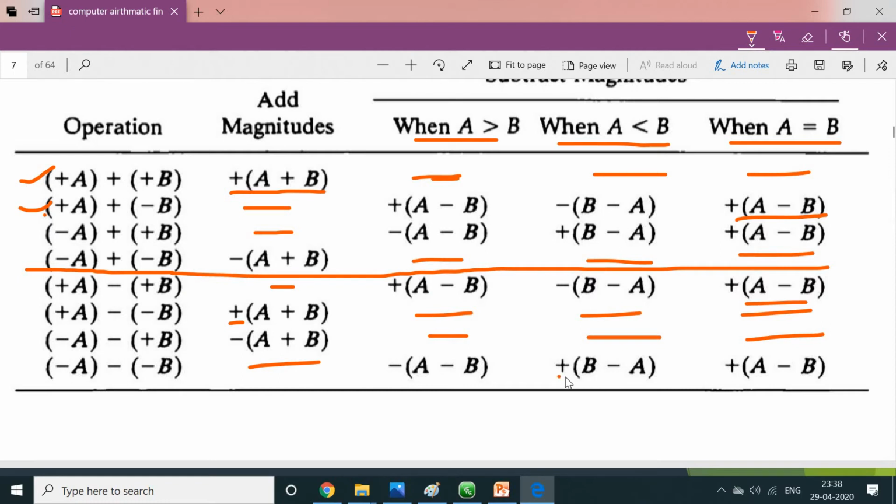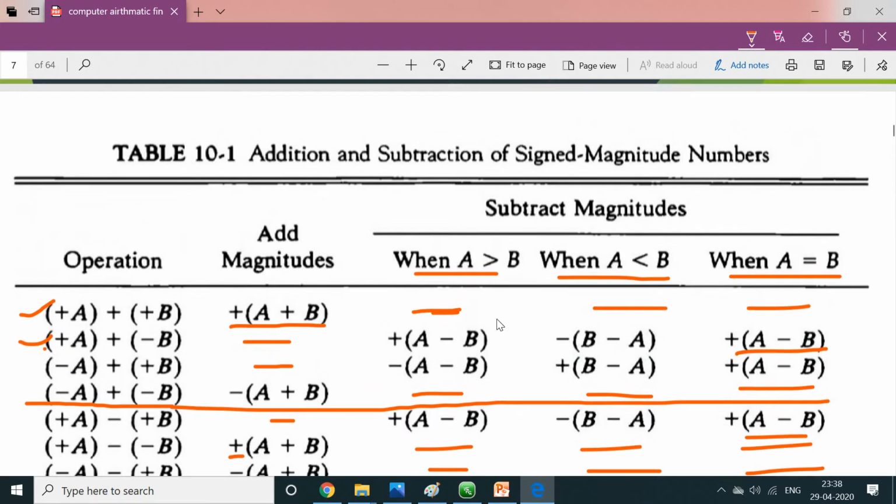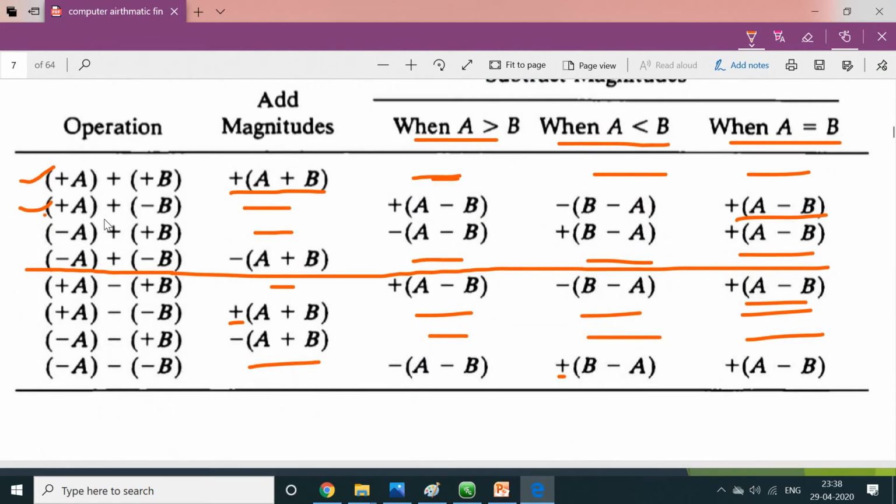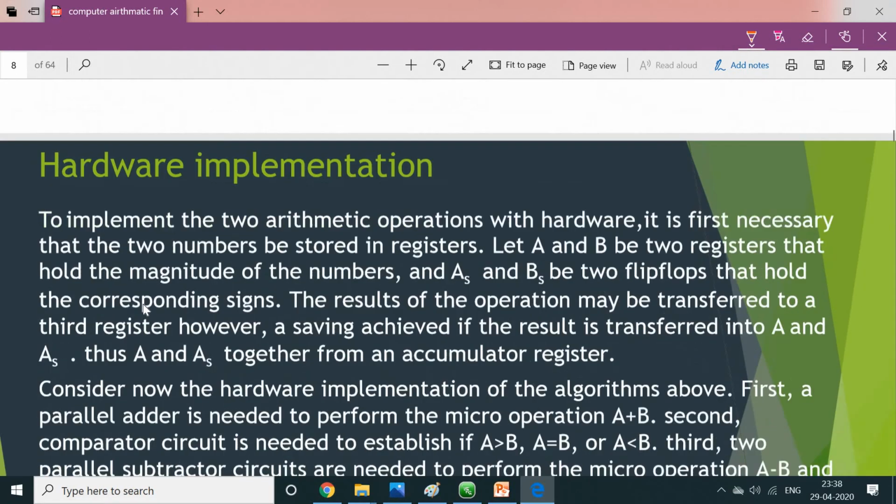So the overall sign magnitude representation is positive. Here a is equal to b, this is common for all, that means a minus b is positive 0. This is the way we are going to perform all the operations for different arithmetic and different addition and subtraction operations.